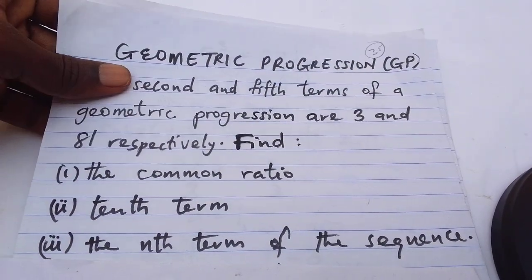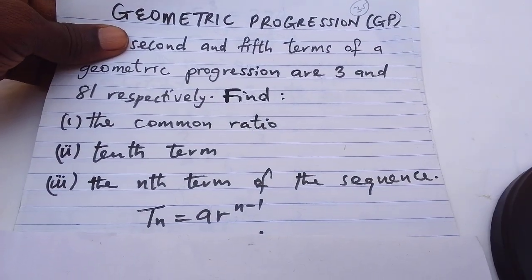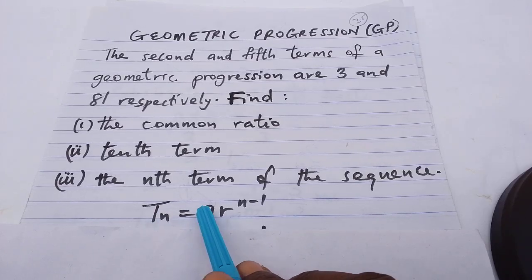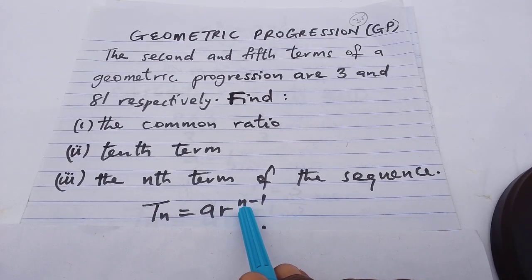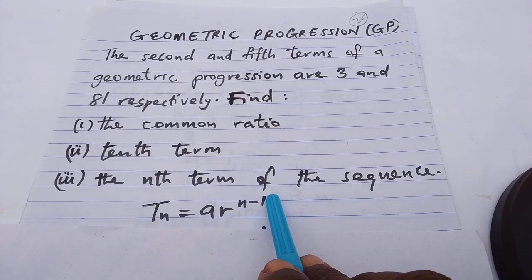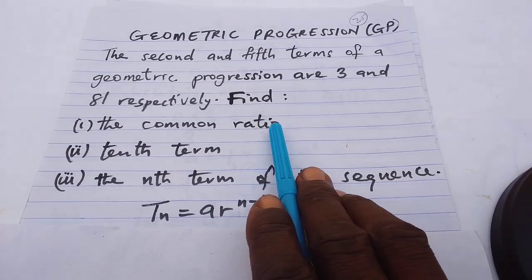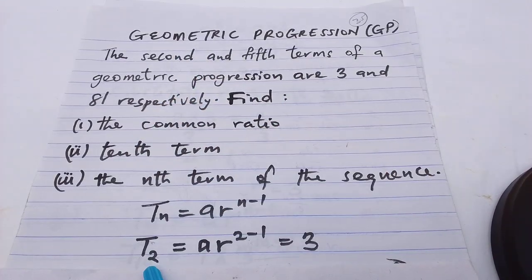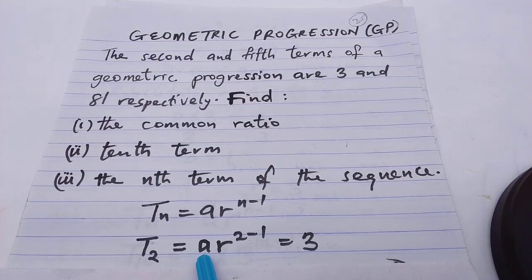So first of all, since this is a geometric progression, you are going to use the formula: the nth term is equal to AR raised to power n minus 1. Now, you are told that the second term is 3. We are not given the first term and the common ratio.